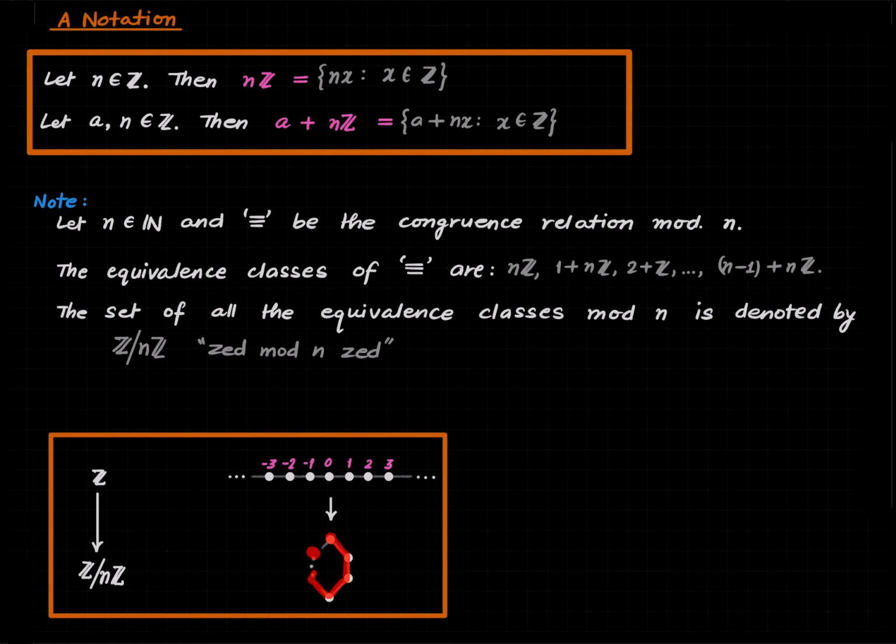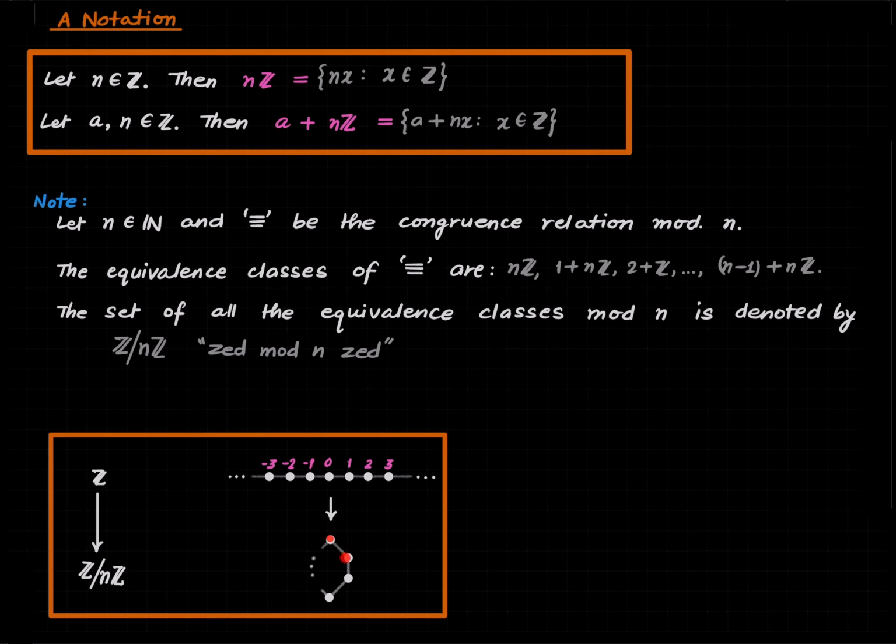And then what happens if you add 1 to n minus 1? It jumps into the equivalence class of 0. n minus 1 was in the penultimate equivalence class. But where is n minus 1 plus 1? n minus 1 plus 1 is n, which is the same as 0 modulo n. So this number comes back to the equivalence class of 0.